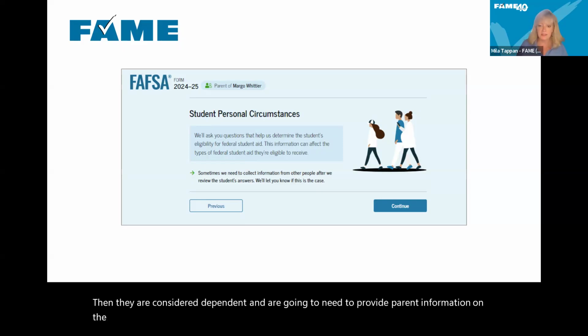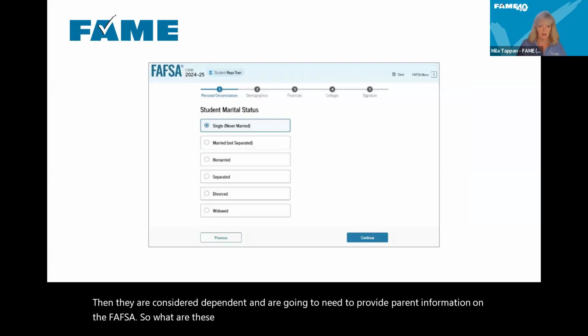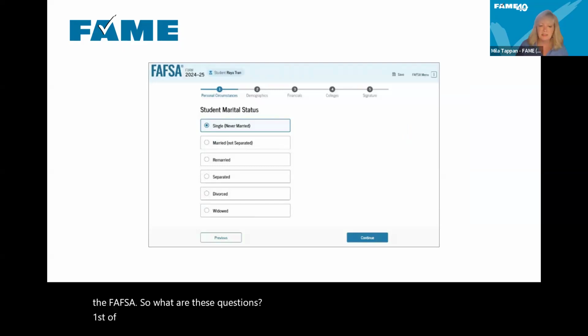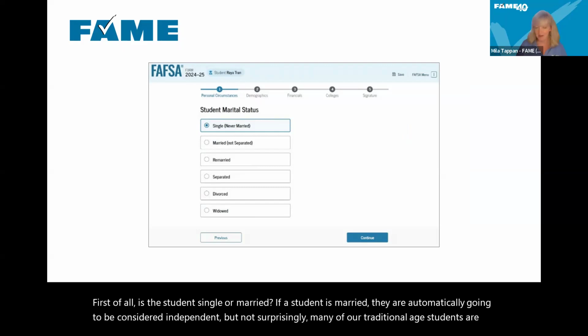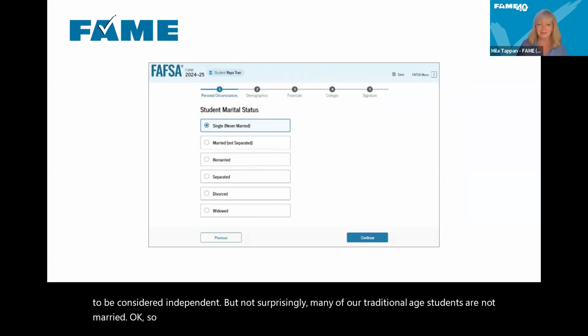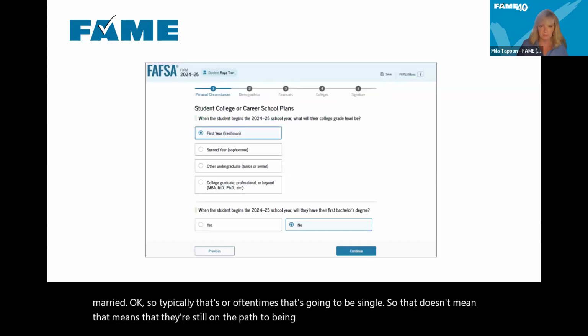So what are these questions? First of all, is the student single or married? If a student is married, they are automatically going to be considered independent. But not surprisingly, many of our traditional age students are not married. Oftentimes that's going to be single, which means that they're still on the path to being considered dependent.